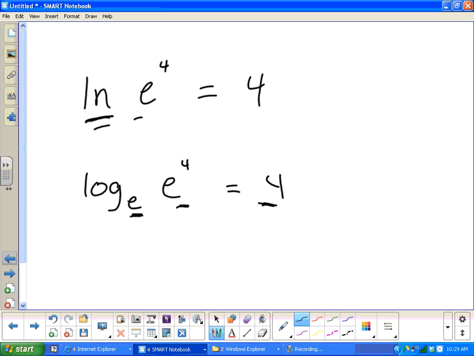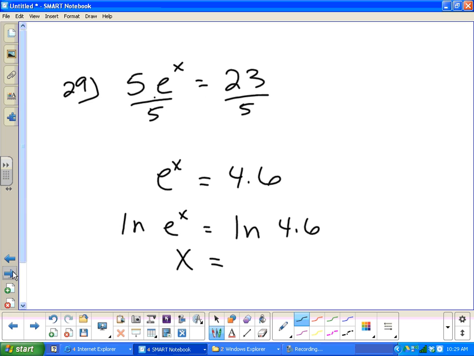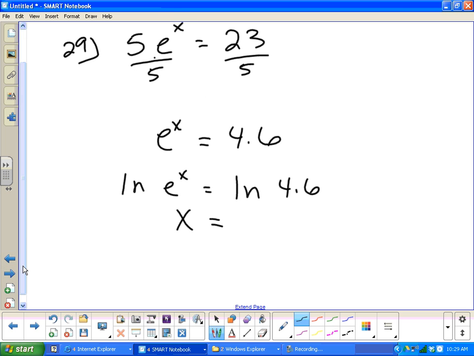The natural log of e to the fourth is just 4. That's why we use natural logs on all these problems, because of this shortcut. So natural log of 4.6, you can throw it in the calculator. The estimate, so we're going to use the groovy equal sign, is 1.5.